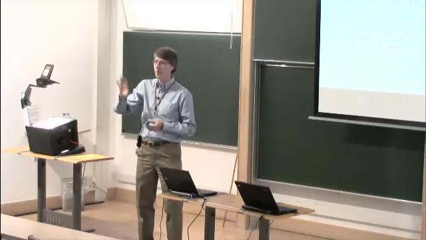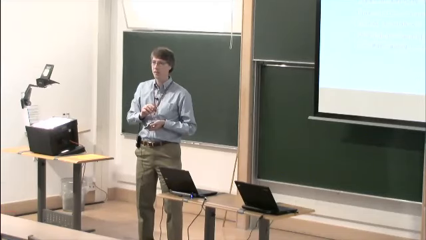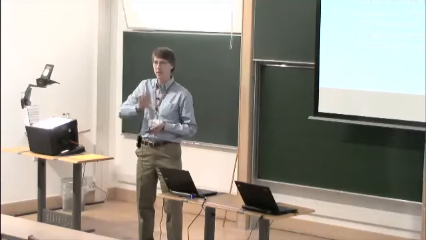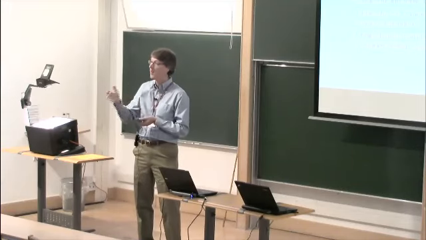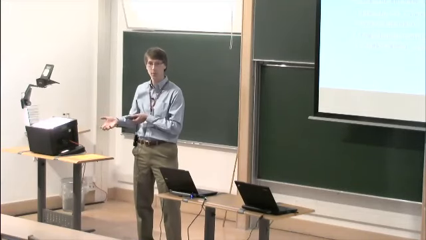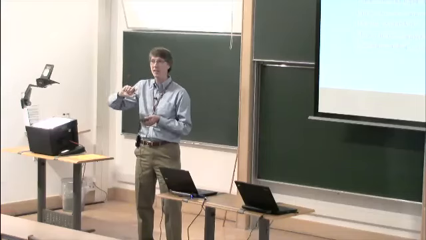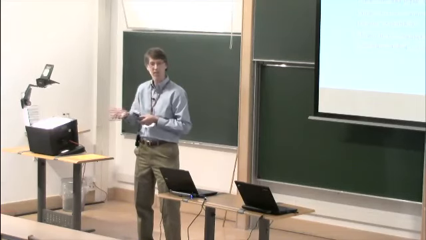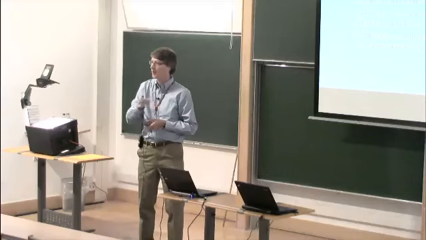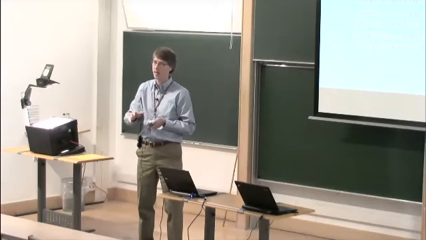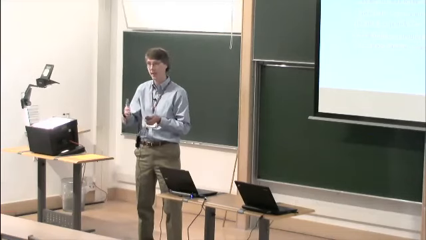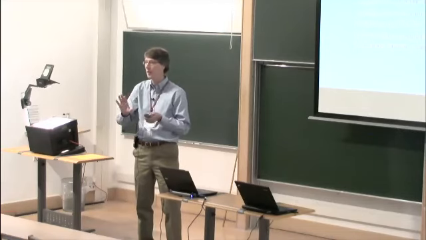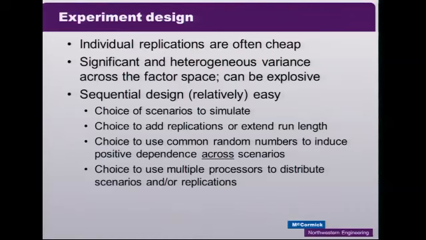When we simulate multiple scenarios of that airline check-in system, we can, and in some cases would like to, drive the simulation of each scenario with the same random processes, the same random numbers, hoping to induce a positive correlation which makes the differences easier to detect. But sometimes that's a bad thing to do. And you'll see examples in the talks over the next day and a half where it can be both good or bad to use common random numbers. So that's part of the experimental design.